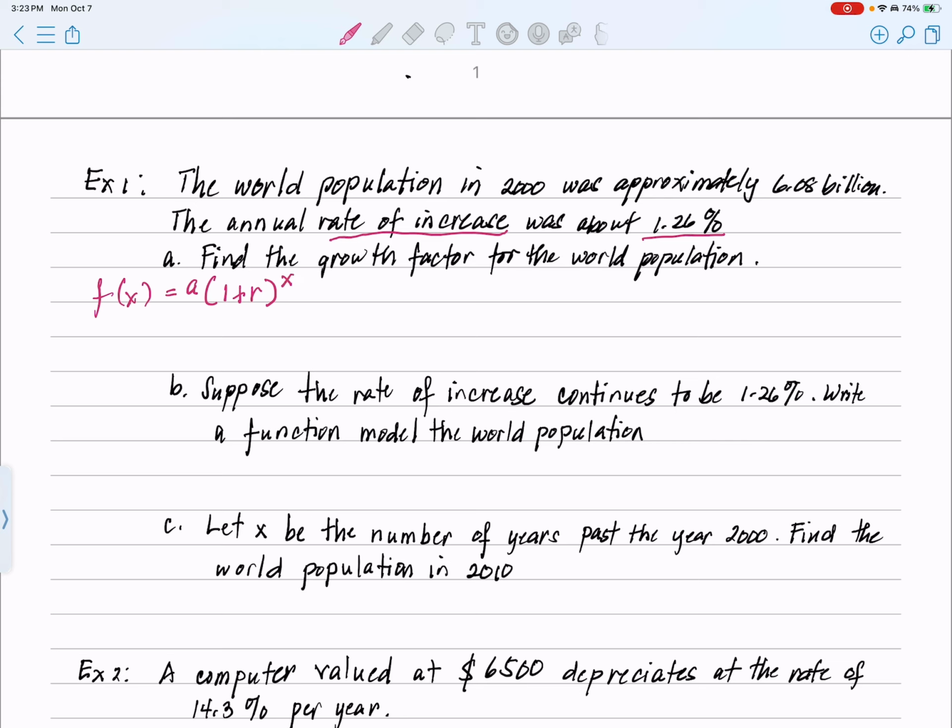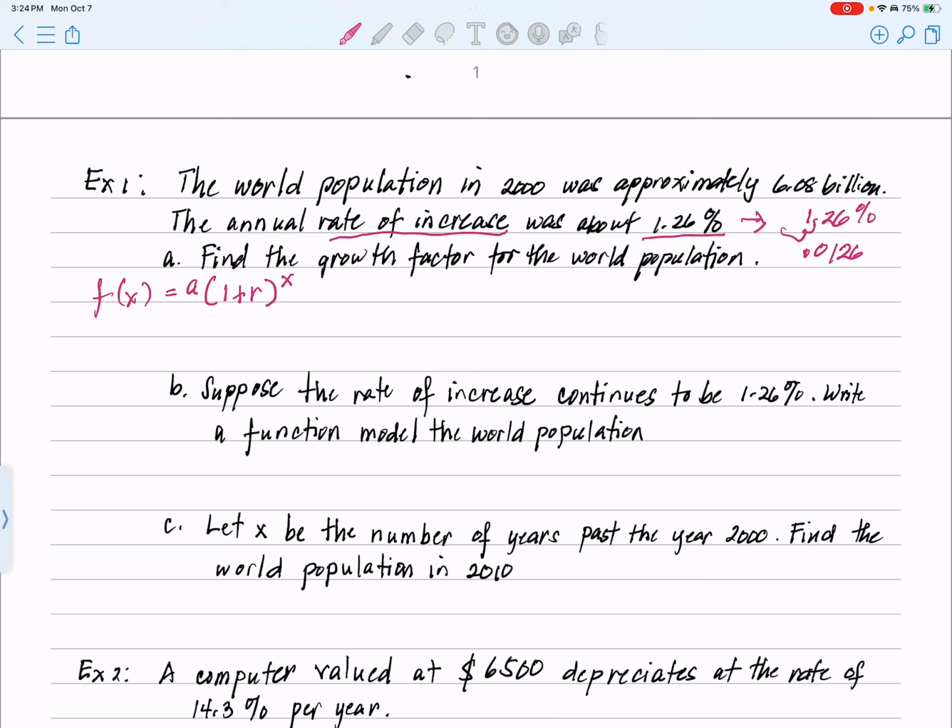Now, the first thing you do when you have a percent given is change the 1.26 into a decimal. So we move 2 places to the left, so that will become 0.0126. That will be to our advantage when we solve this kind of problem.